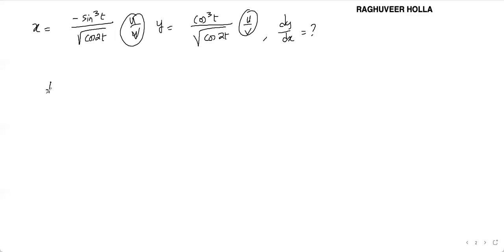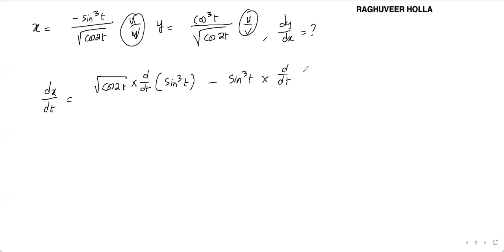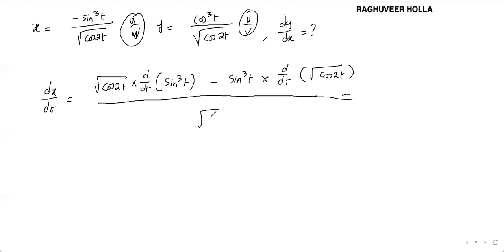So dx by dt is equal to square root of cos 2t d by dt of sine cube t minus sine cube t multiplied d by dt of square root of cos 2t, divided by root of cos 2t whole square.